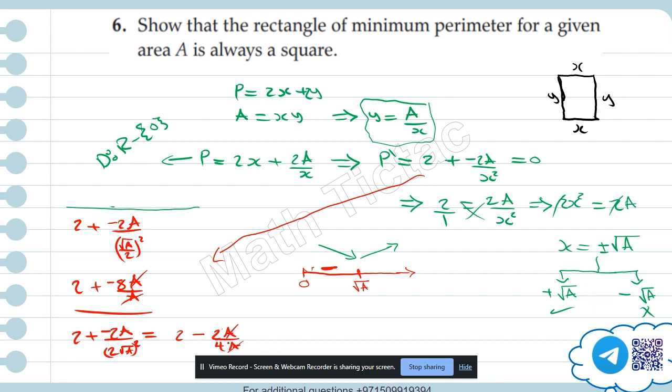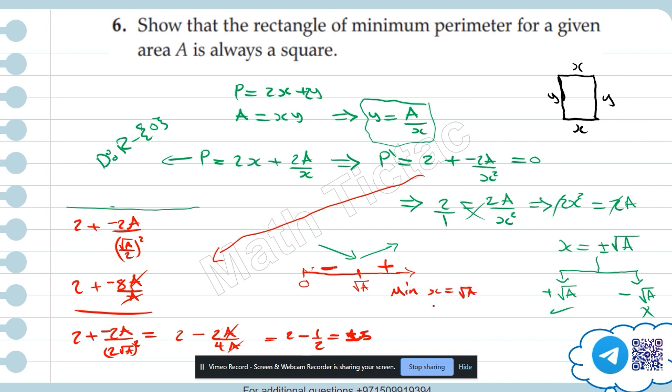Now a with a is eliminated, 2 over 4 is 1 over 2, so 2 minus 1 over 2 is 1.5, which is a positive value. So the derivative goes from negative to positive, which means we have a minimum at x equal to square root of a.